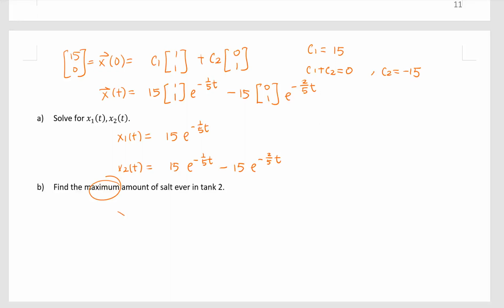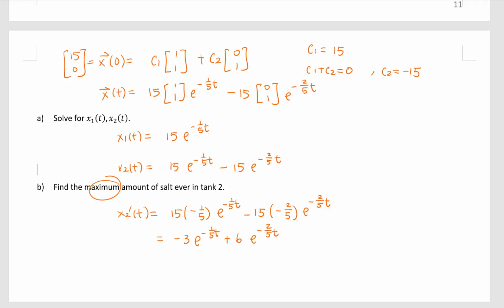So for x2, let's differentiate it: 15 times minus 1/5 e to the minus 1/5 t, minus 15 times minus 2/5 e to the minus 2/5 t. What is that? That's negative 3 e to the minus 1/5 t, minus minus becomes plus 6 e to the minus 2/5 t.